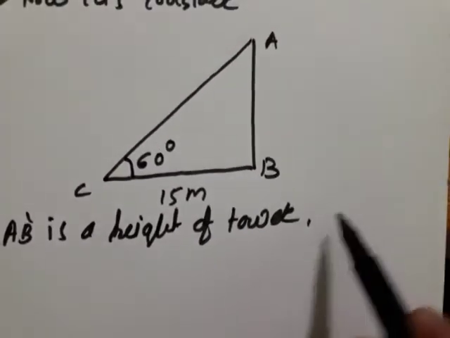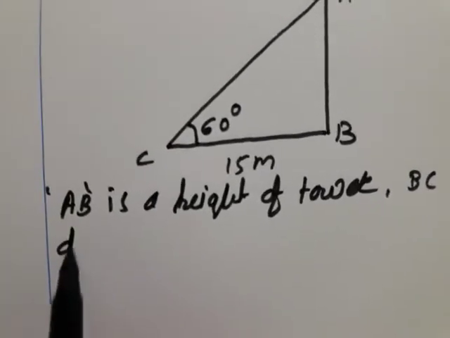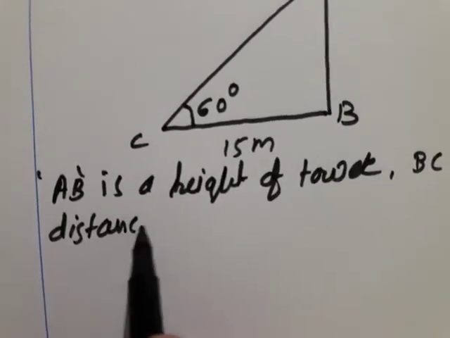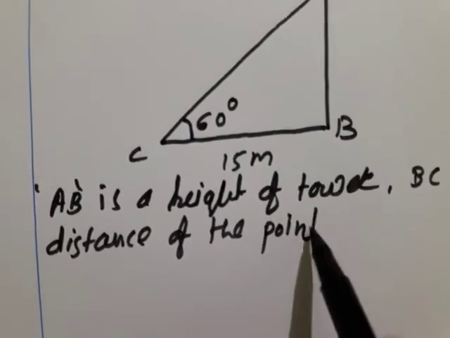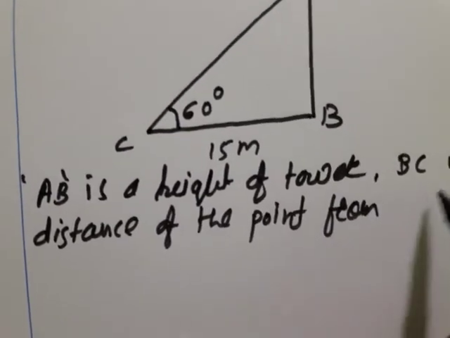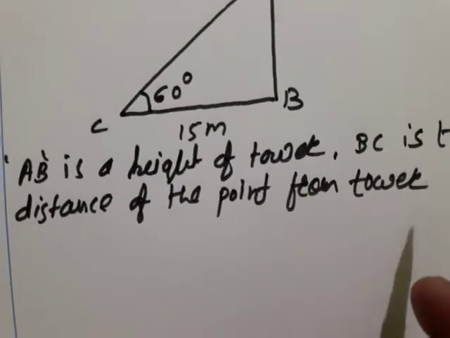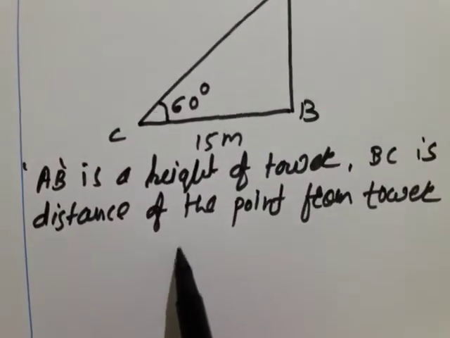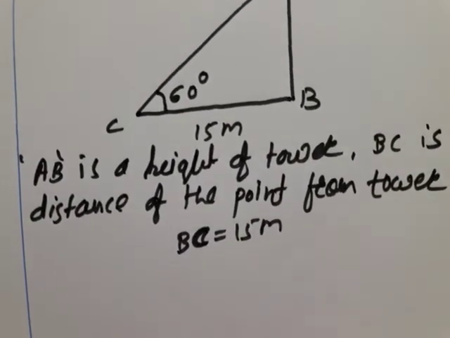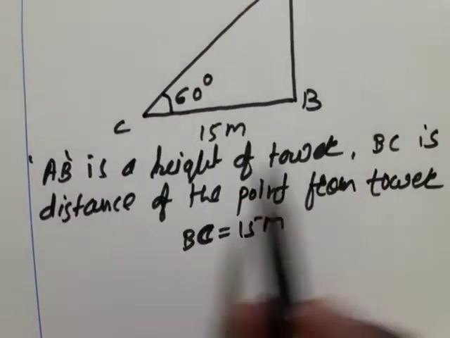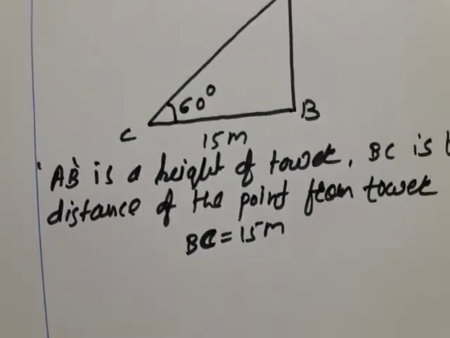BC is the distance of the point from the tower, means BC is equal to 15 meter. Do you understand what I said? Then BC is equal to what? 15 meter. Okay. Next. Now look here.